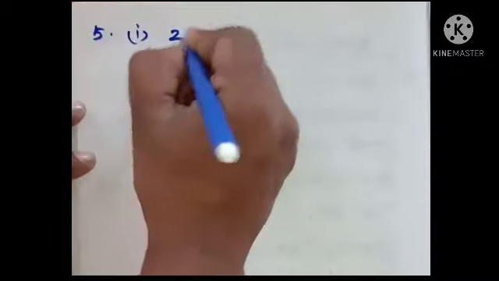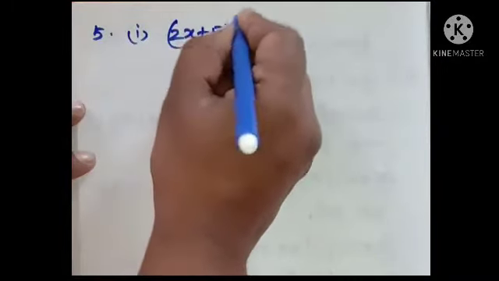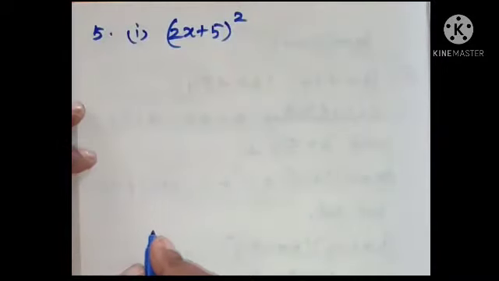Fifth problem. Expand the following squares using suitable identities. So let us find the identity and expand the following squares. First problem. (2x + 5)² is given. So children, what about the identity?